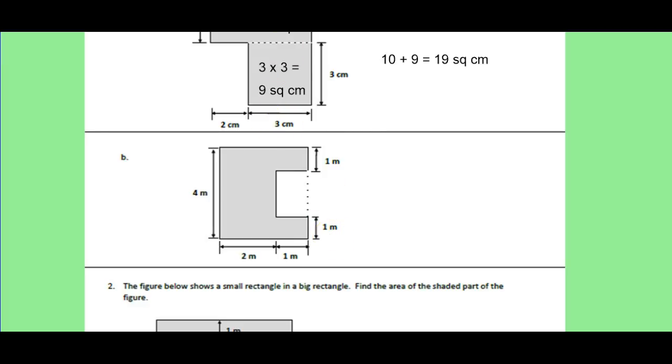We could think of this as one large rectangle, and then what we would have to do is take out this unshaded part and then find the area for the shaded part. Or, let me take that away, we could make a line right here like that, and find the area for this shaded part and these 2 shaded parts. So there's 2 different ways that we could do it.